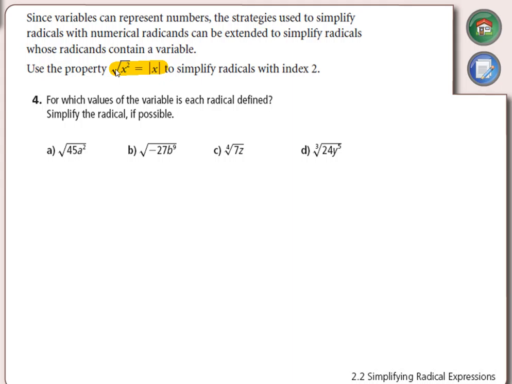If we square a number and then square root it, it's always going to be positive. We just saw that at the beginning of this lesson. Squaring makes it positive, and then square rooting, it's a positive number. So we cannot just say that the square root of x squared equals x. I cannot say this because if I use a negative x, it's not going to equal the negative x again.